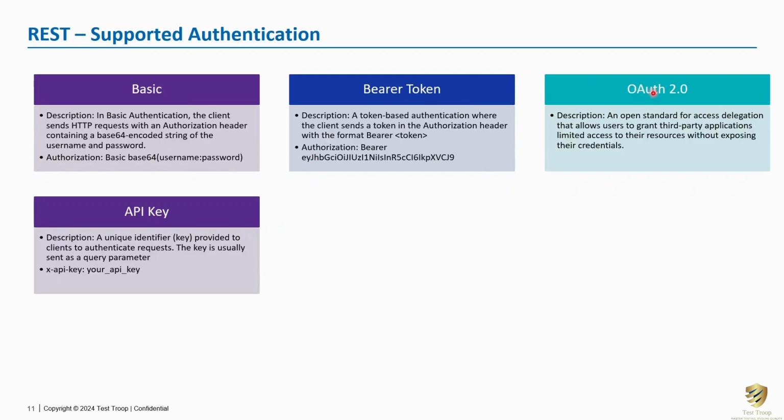The third authentication method is OAuth2, an open standard for access delegation that allows the user to grant a third party application. In the case of OAuth2, there will be a separate server that is basically used to check your identity.